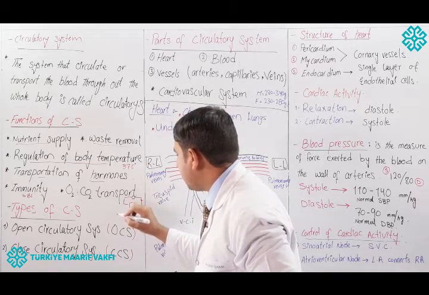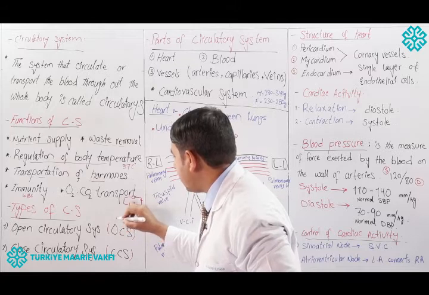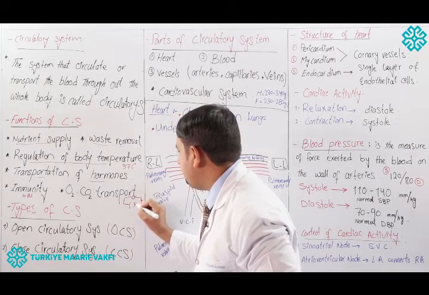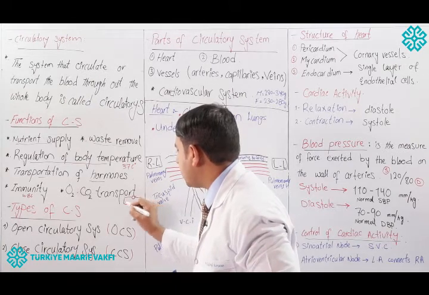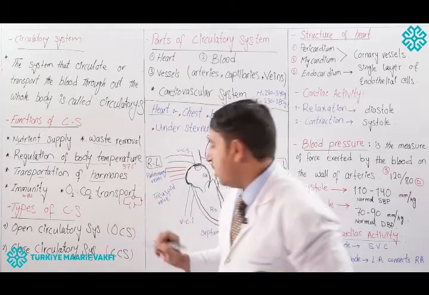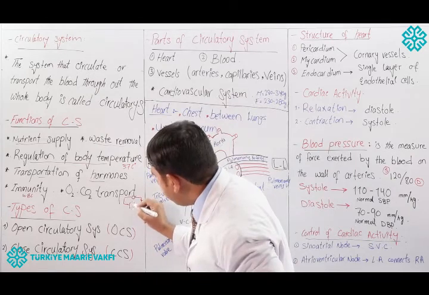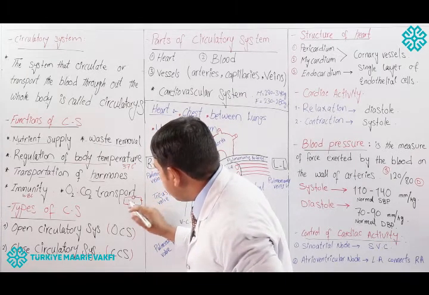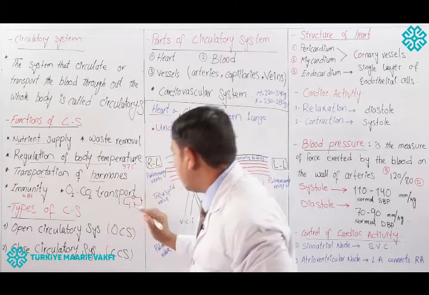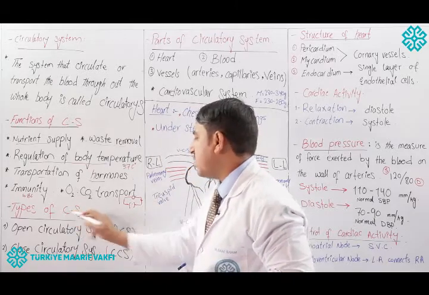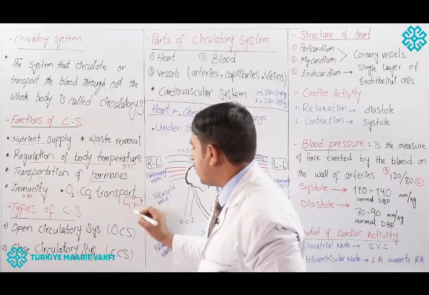Now, in this part, the system is open. There is no connection between the vessels of the blood. So this part is open. Here is the tissue, we can say. So this type of circulatory system, we can say, is the open circulatory system.